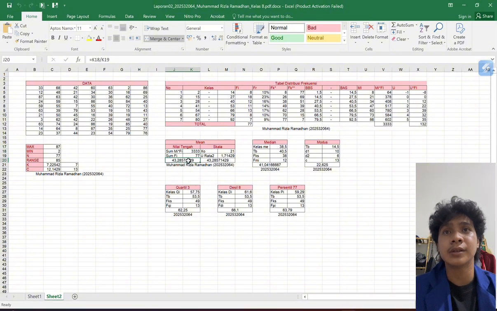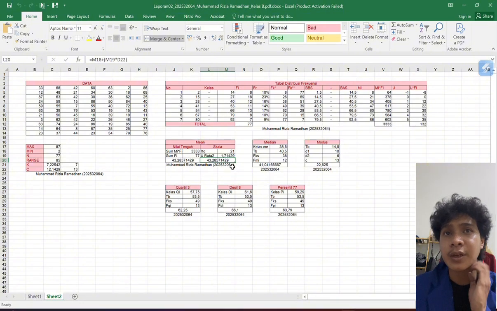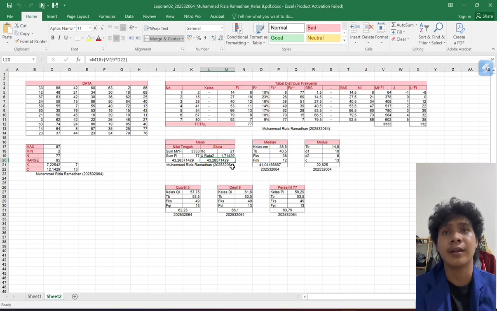To verify the result, I also calculated the mean using the coding method. I assigned code values represented by U and calculated U times FE. This method produced the same mean value of approximately 43.29, confirming the accuracy of the calculation.